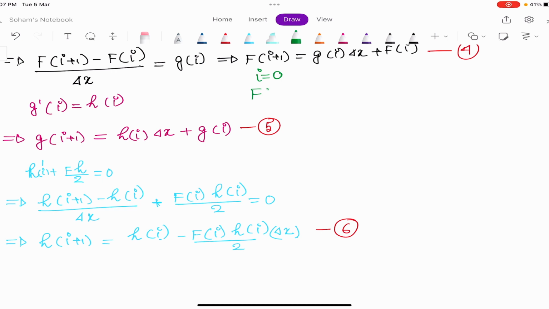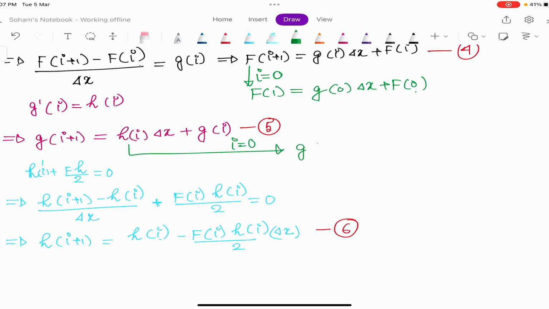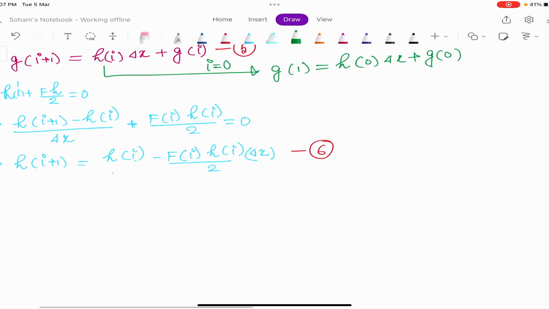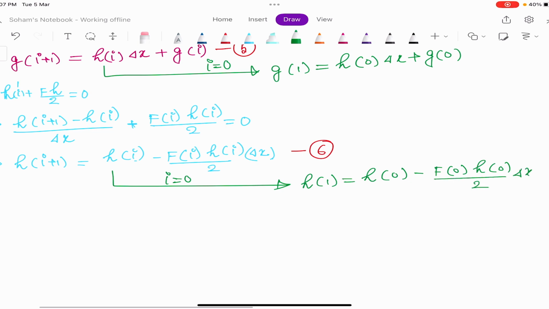Then I will get f of 1 equal to g of 0 into delta x plus f of 0, g of 1 equal to h of 0 delta x plus g of 0, and h of 1 equal to h of 0 minus f of 0 h of 0 by 2 delta x.